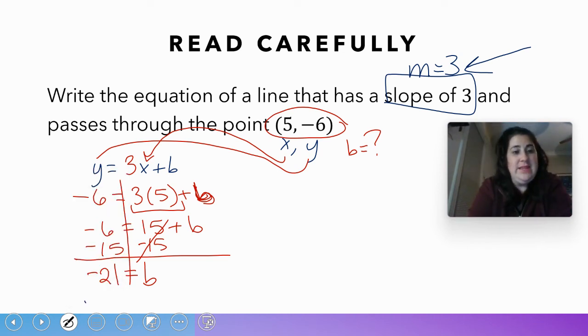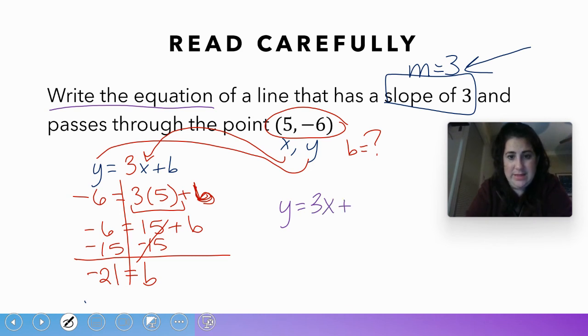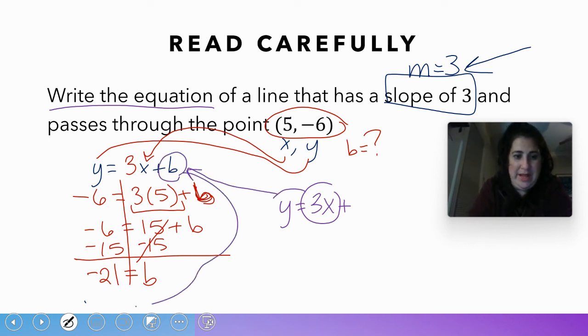You may have noticed that it tells me to write an equation. So now I'm going to go back to my equation, y equals 3x plus, so here, see how this 3x, this whole equation is what's up here? But instead of b, I'm now going to put my answer in for b.